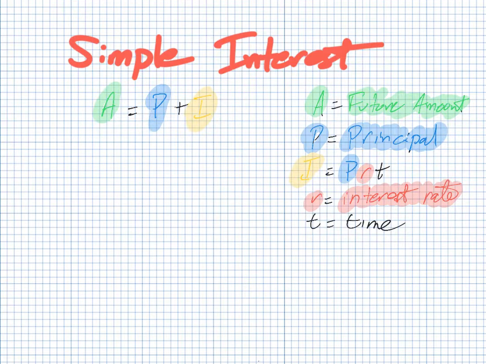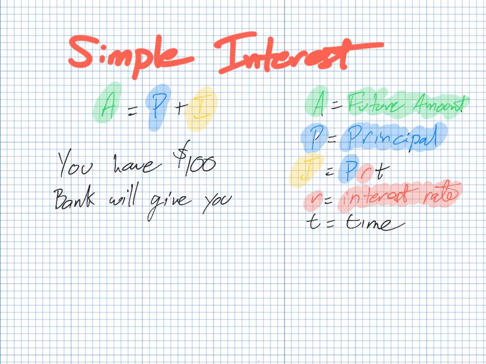So let's say that you have $100. 100 is a pretty simple number to work with, so we're going to start with that one. And a bank will give you 5% interest per year.